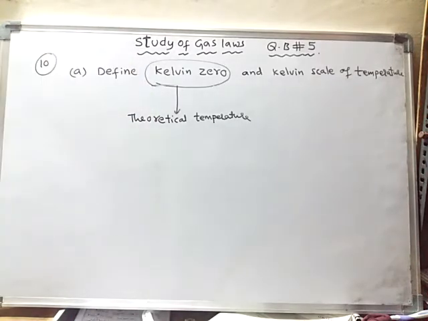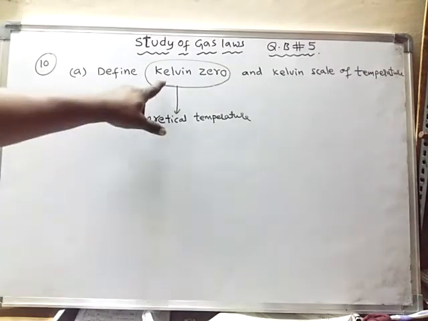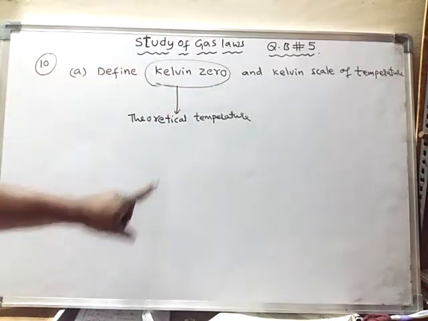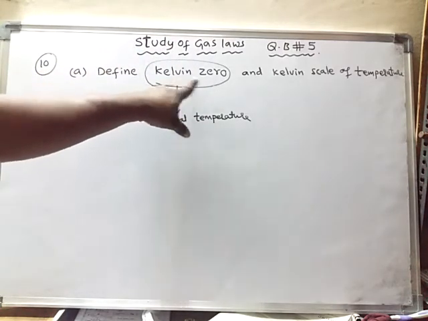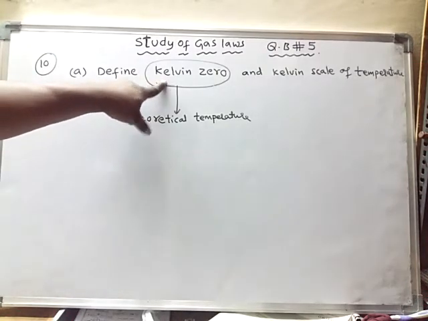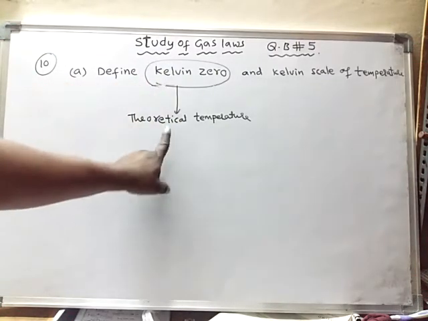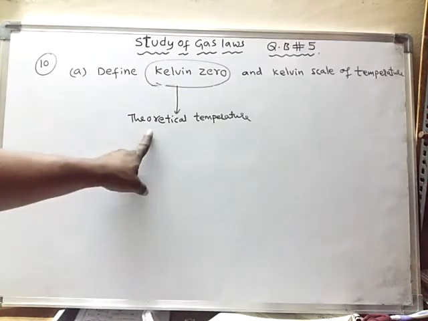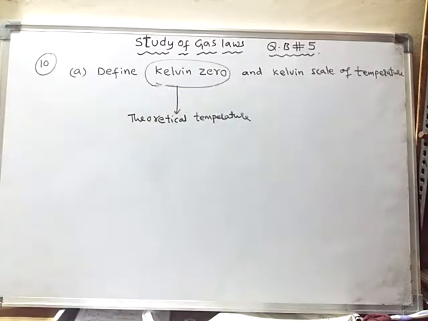Only during calculations will we get this temperature, but in reality we cannot get it. So we can call it a calculated temperature, or simply a theoretical temperature.